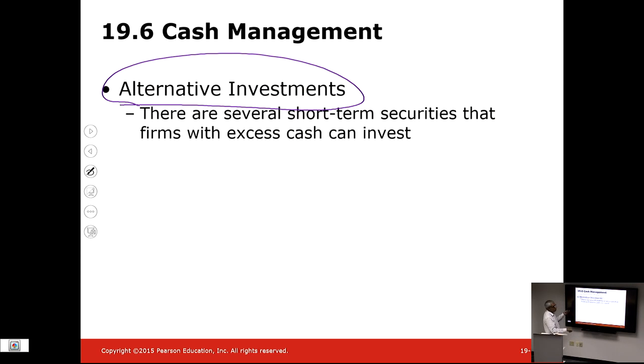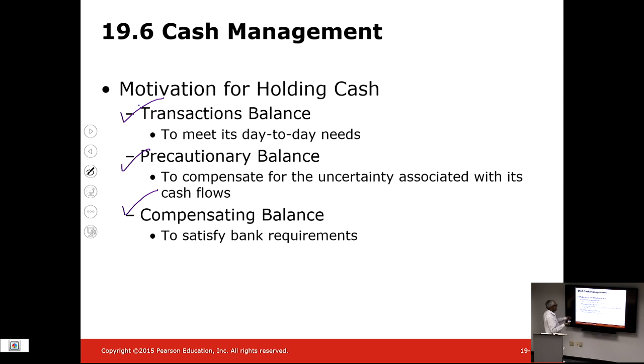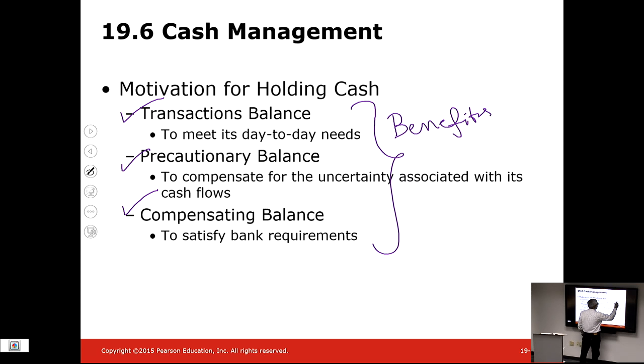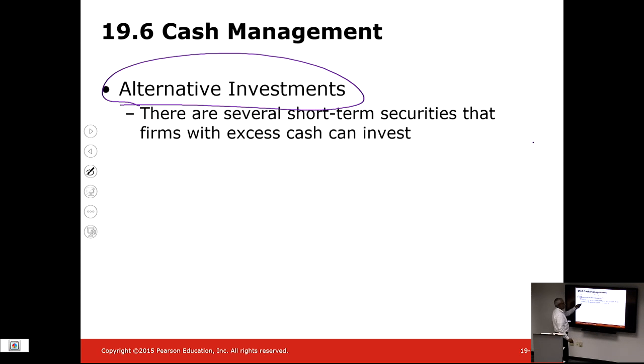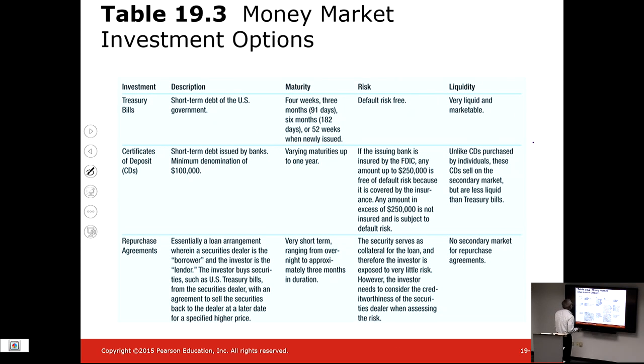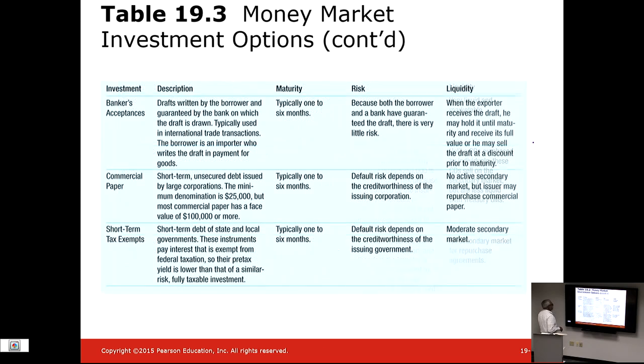And again, you have to balance the benefits of liquidity against the loss of return because you did not invest that excess cash. And that pretty much completes chapter 19, working capital management.